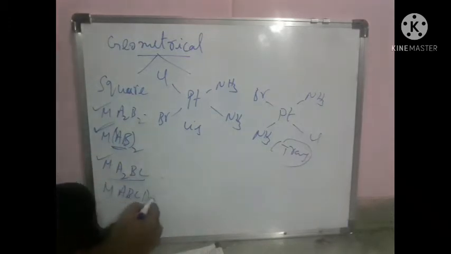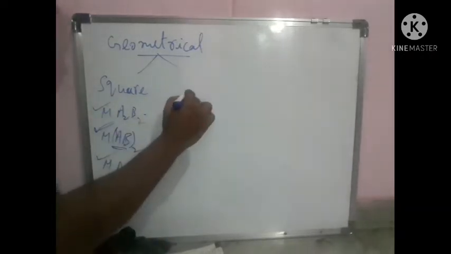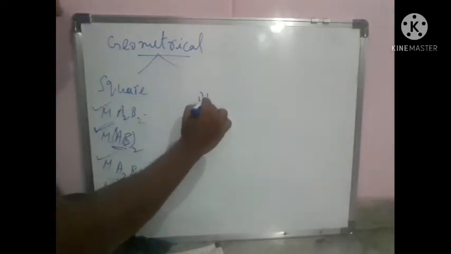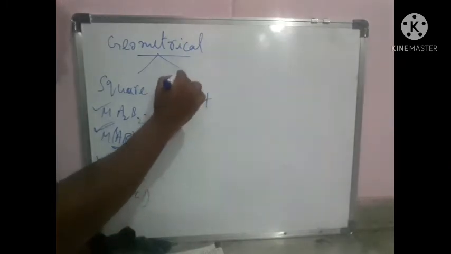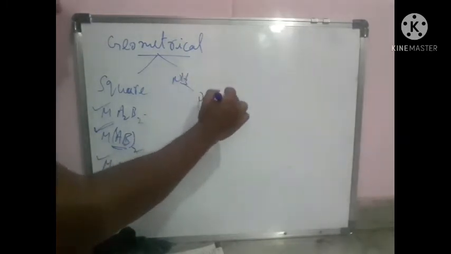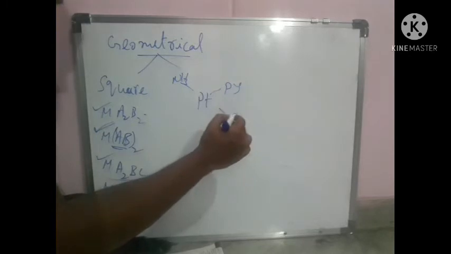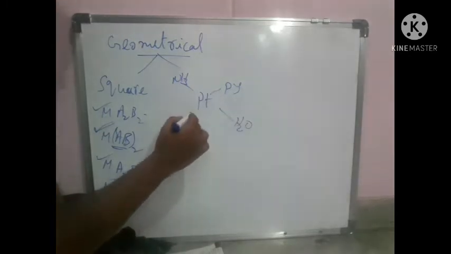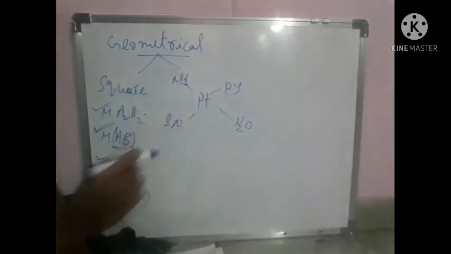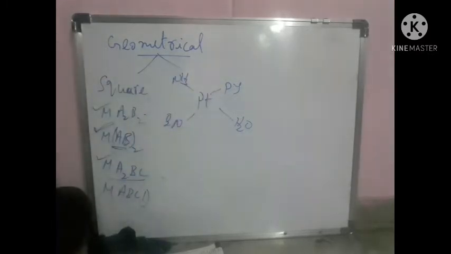So that is Ma2BC. Now coming to MABCD. In case of MABCD, we can take platinum with NH3, pyridine, H2O and NO2. So four different types of ligands are present.